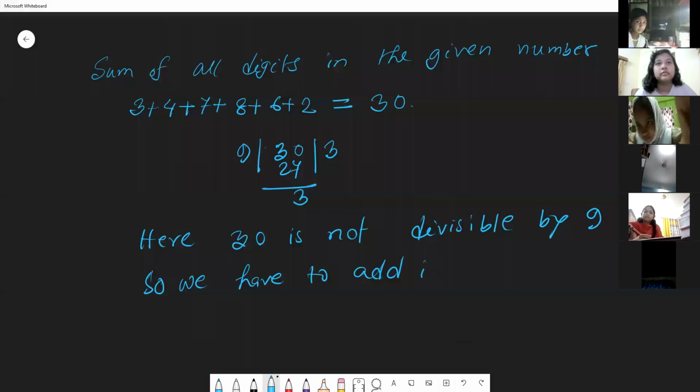So here 30 is not divisible by 9, so we have to add the difference of divisor and remainder, 6, in the blank box.